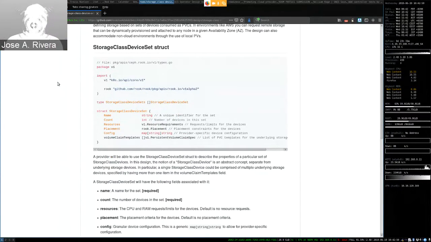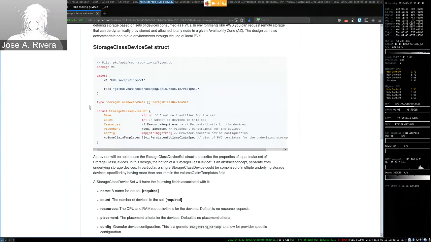So I've taken some care to design the actual struct itself such that there are no dependencies on things in Rook-Ceph. And then other operators can just use these however they wish. I feel it's generic enough as it is to allow for all the functionality we want in Rook-Ceph. So I'm just going to go over it real quick.